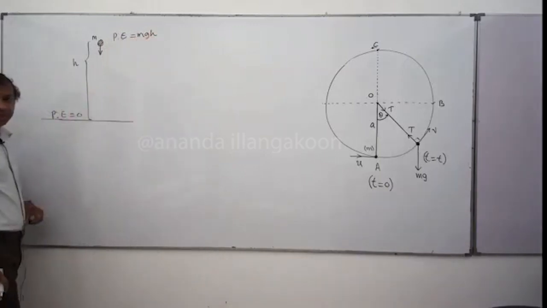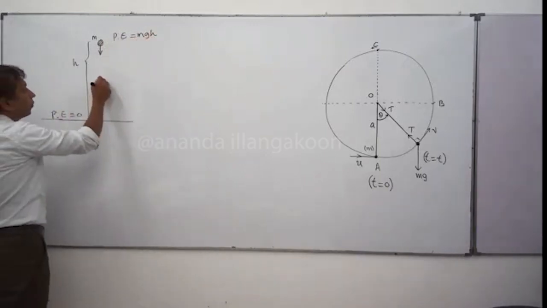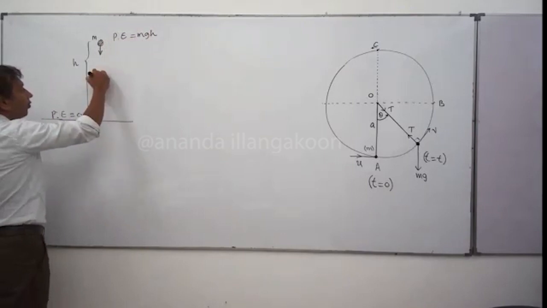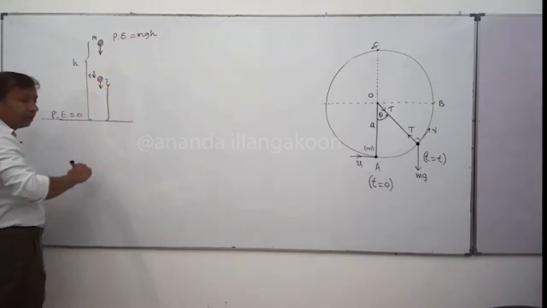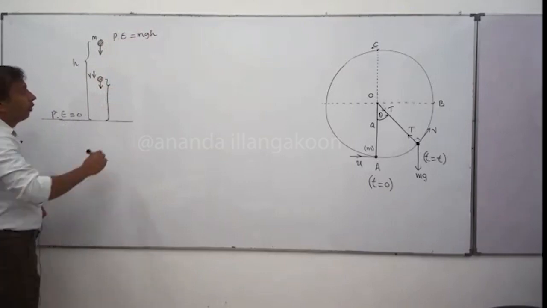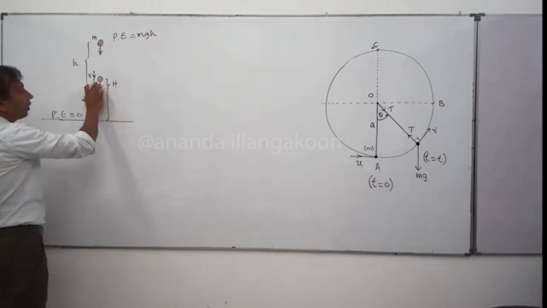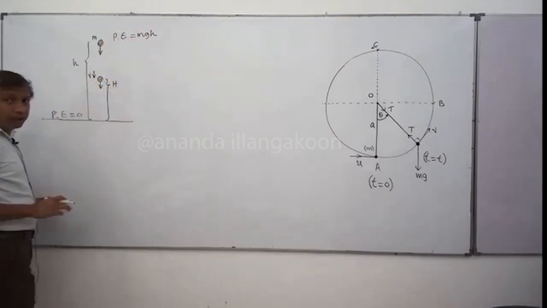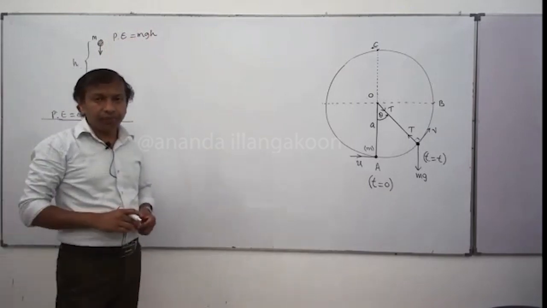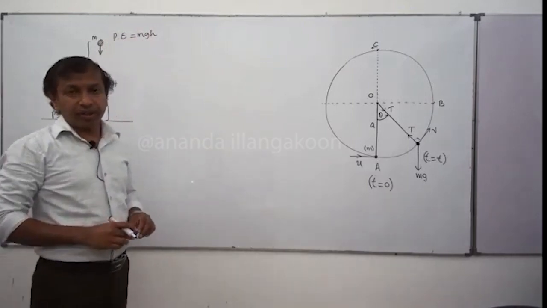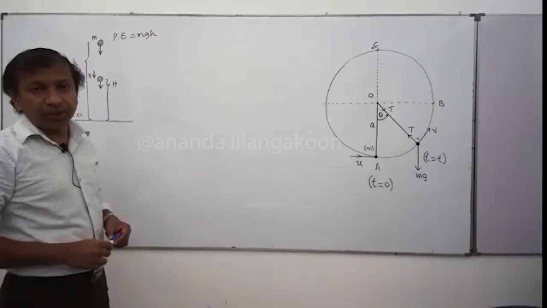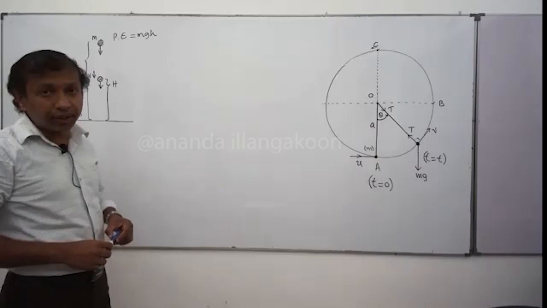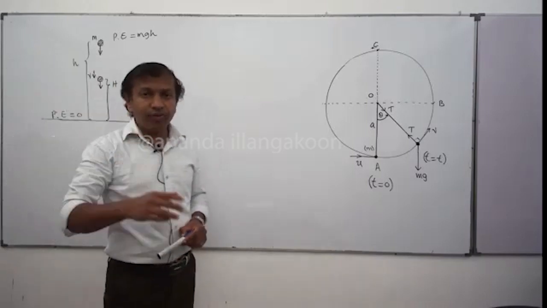That is the initial energy. Once the particle moves a little distance down, then it will have a velocity v. And now the height has decreased. Once the particle passes this level, it has both potential energy and kinetic energy. What is the kinetic energy? Due to the motion, the energy a particle possesses is called the kinetic energy. Kinetic energy equation is half mv squared.